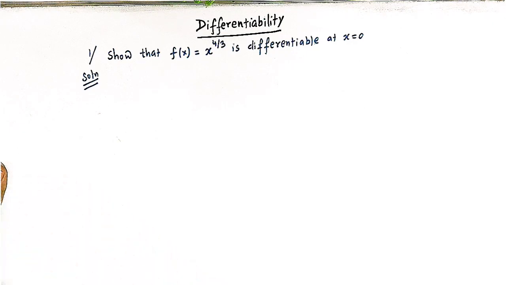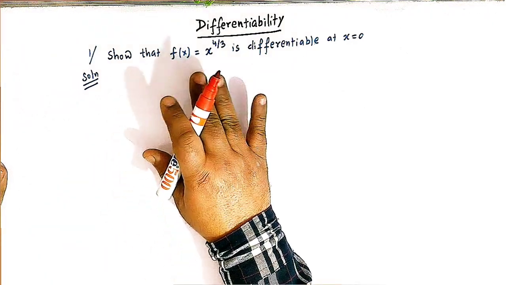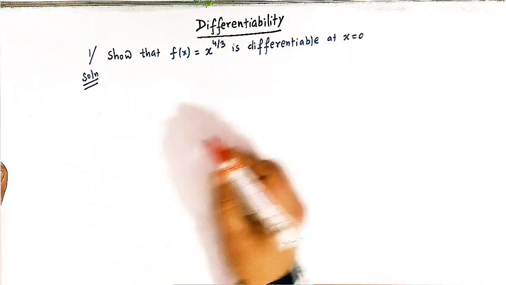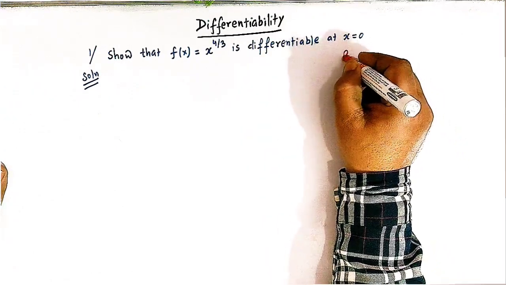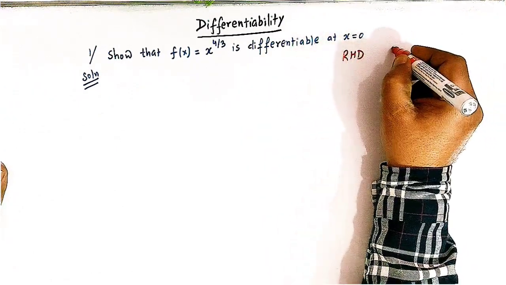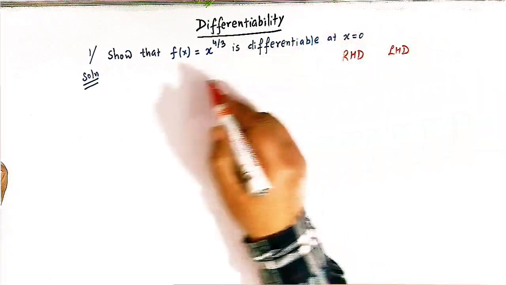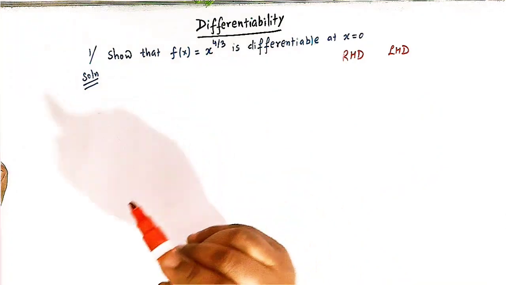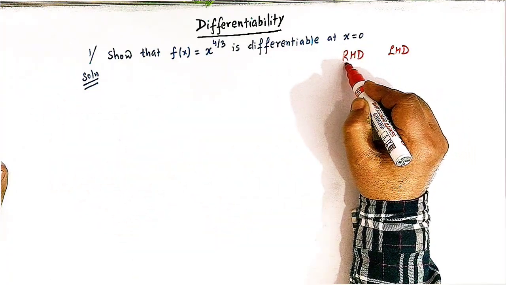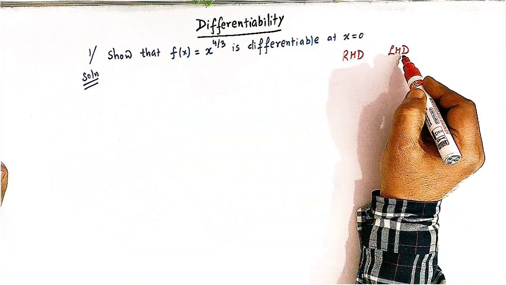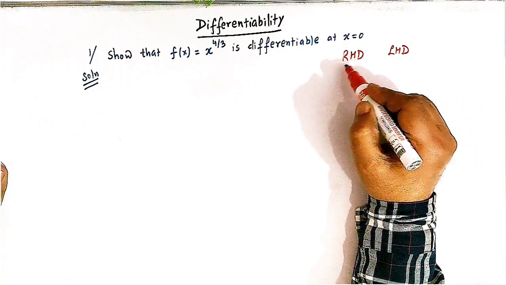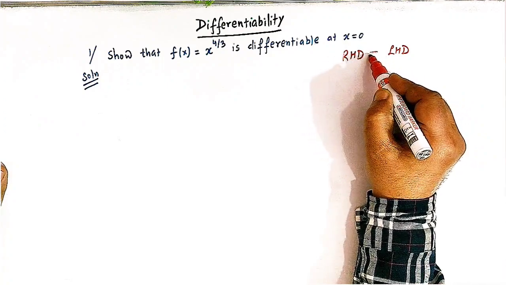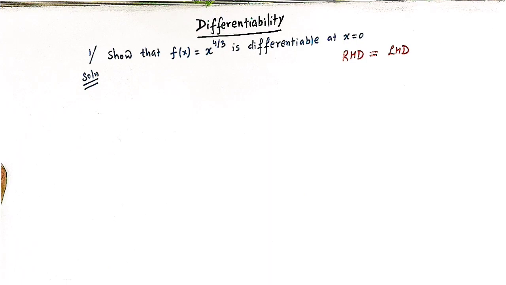So in order to show that, we have to find the right hand derivative and the left hand derivative of this function at x is equal to 0, and we have to show that both exist, they are finite, and they are equal to each other, right?